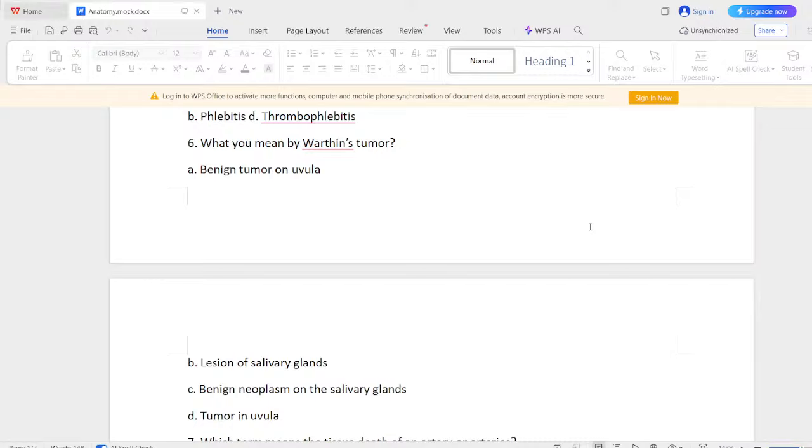A benign neoplasm of the salivary gland is Warthin's tumor. Superb.